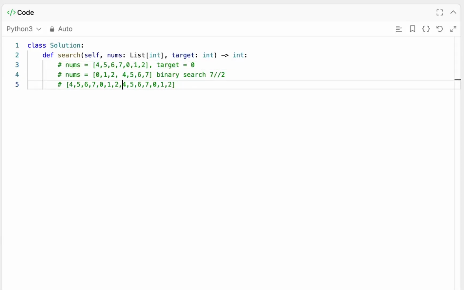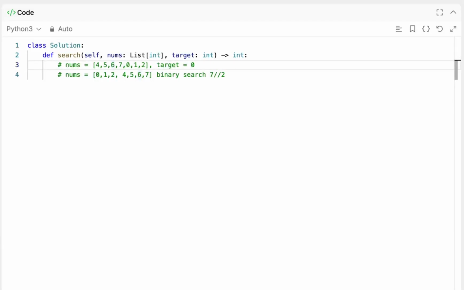Here I could not apply the binary search, sorry, it doesn't make sense to actually apply the binary search here because the array is not sorted. The easiest way I do see here is to actually find the k with the possible rotation. So I could just iterate over it this way.